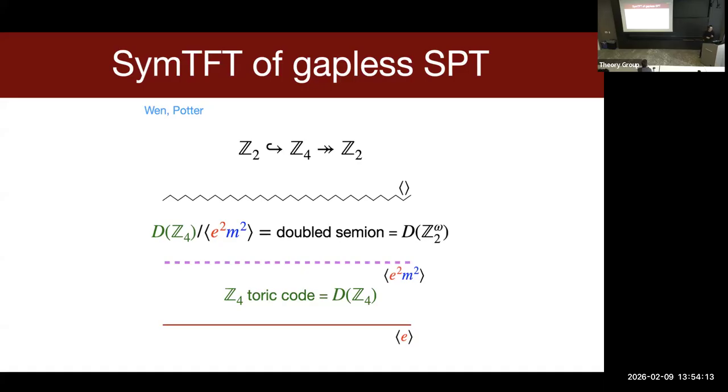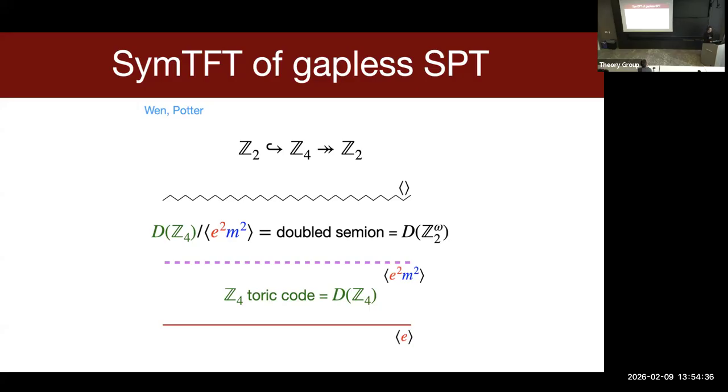In this case, the correct thing to do is to condense this E squared M squared anyon. And the leftover topological order after this condensation is the so-called twisted Z2 gauge theory, which also goes by the name double semion.